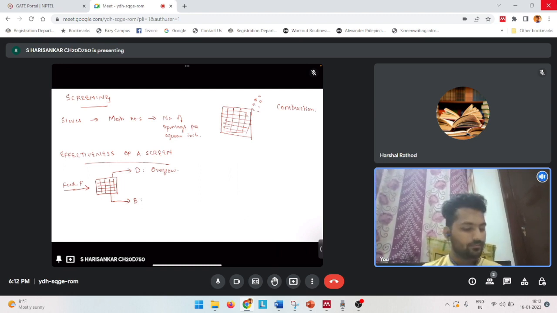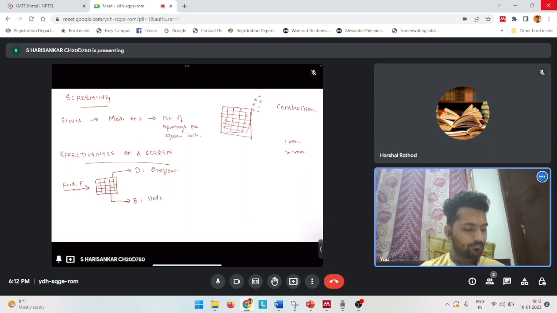So let's say if the screen size is 1 mm, the size of the particles in the overflow will be greater than 1 mm. And conversely, this B is called underflow, and in the underflow, the size of the particles will usually be less than 1 mm.